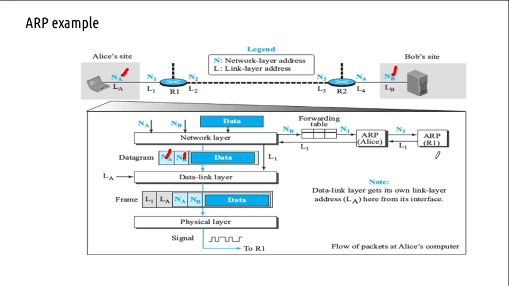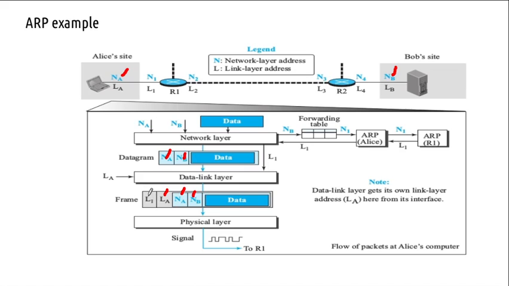So the ARP in router 1 will respond. Alice will send a message and then it will know. Its own link address can be known from its own interface. Our IP is known to our own system. Alice knows its physical address as well as its IP address and Bob's IP address.